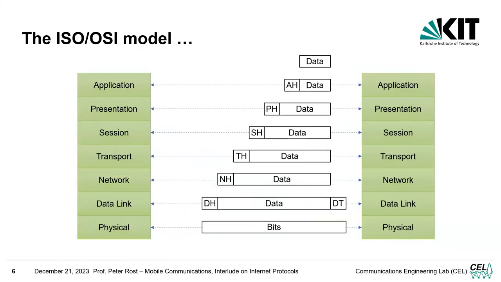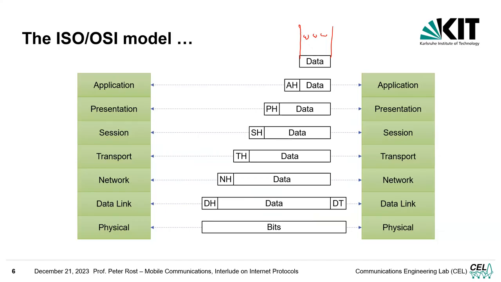Okay. Now, how is this protocol implemented? Assume you have, for instance, a website that you want to download. Then this website would consist of some data that you want to retrieve to your computer. And then you put this to the application layer.